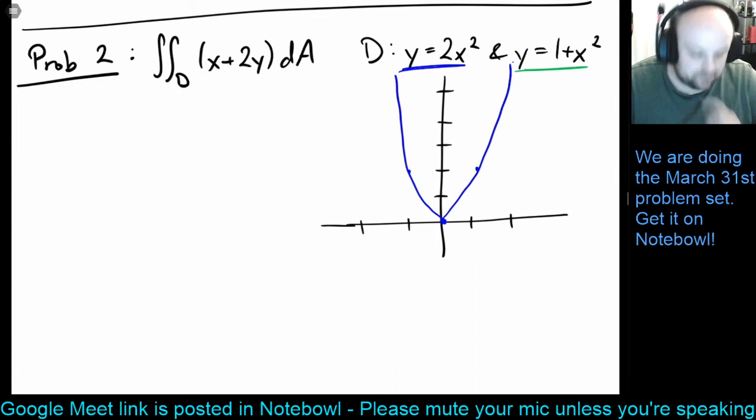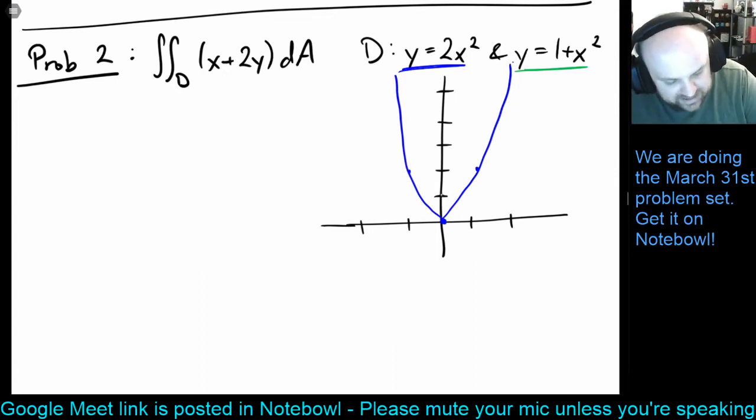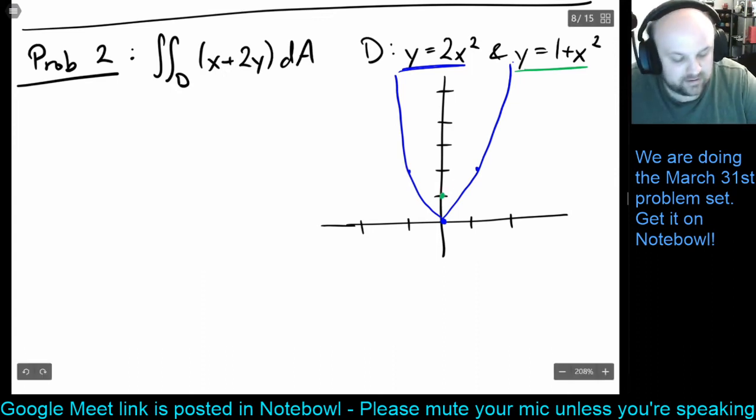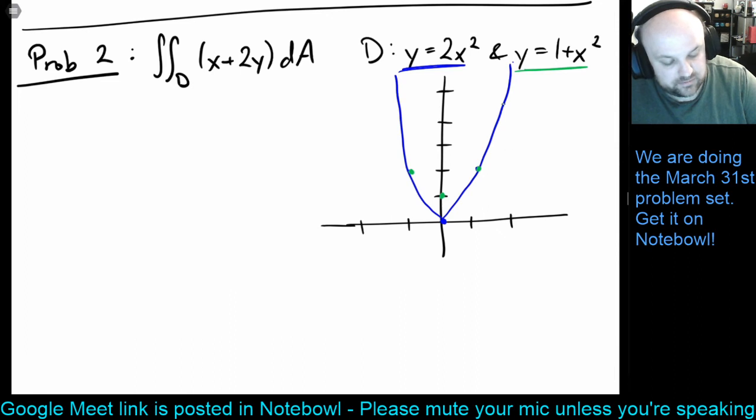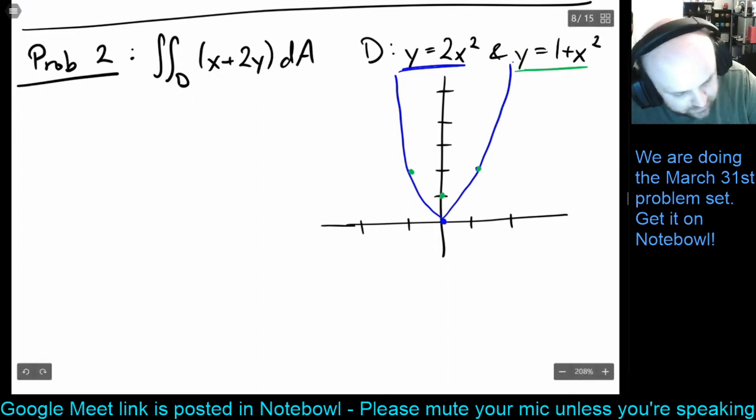Now for this one, when x is 0, y is 1. When x is 1, y is 2. Likewise, when it's negative 1. When x is 2, y is 5.